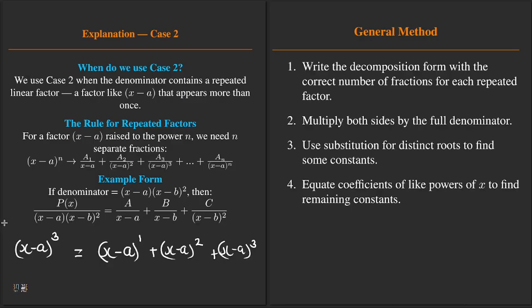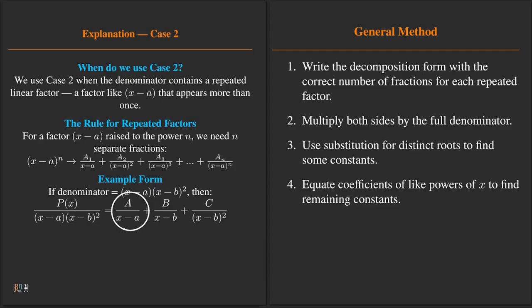So if we limit ourselves just to the power 2, then for p of x over x minus a, then x minus b all squared, this x minus a is a linear factor, so it takes a over x minus a. That has been catered for. Now when we come to the repeated factor, we'll take b over x minus b to the power 1, and you know, for 1 we don't write the power.